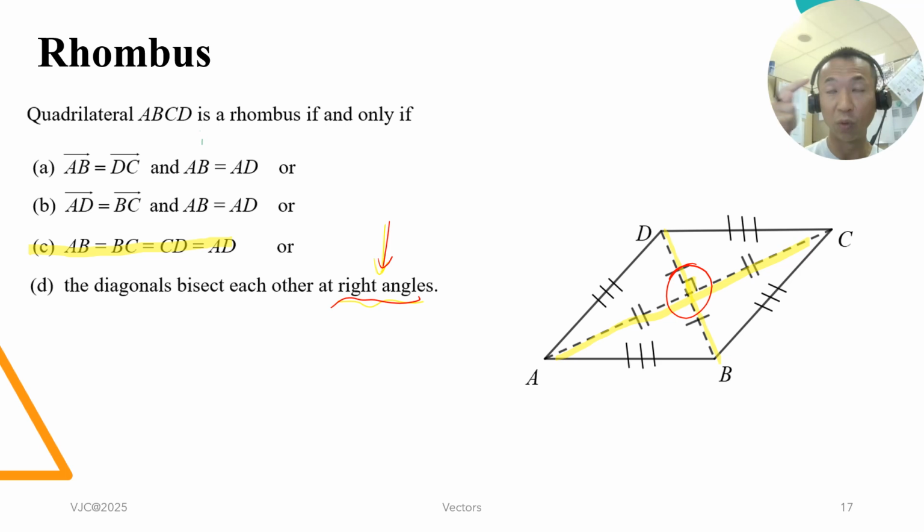Previously, if you go back to the previous slide, a parallelogram's diagonals bisect each other, but they don't bisect each other at right angles. Only a rhombus's diagonals bisect each other at right angles. Don't believe me, draw a million and one quadrilaterals. You realize that only the rhombus's diagonals bisect each other at right angles. All right, that's that.